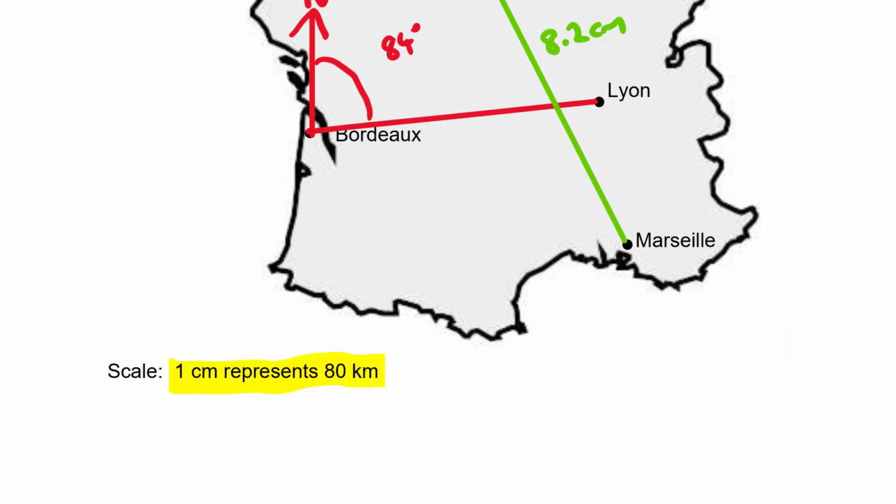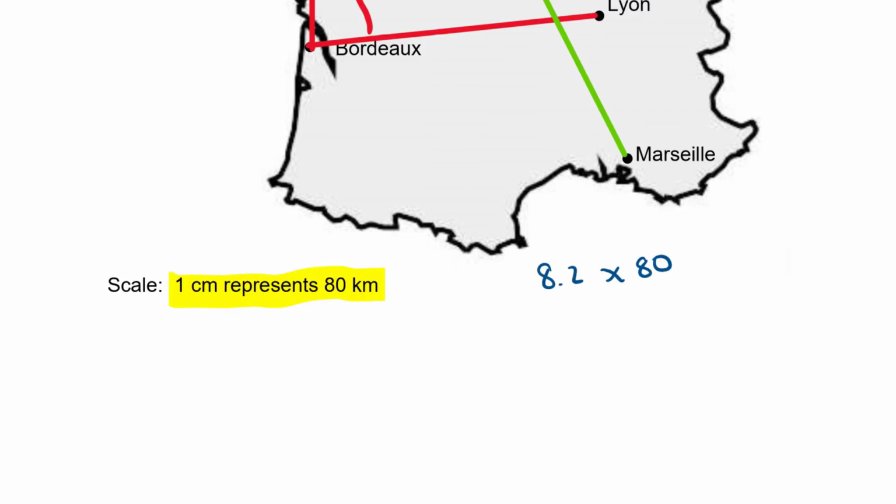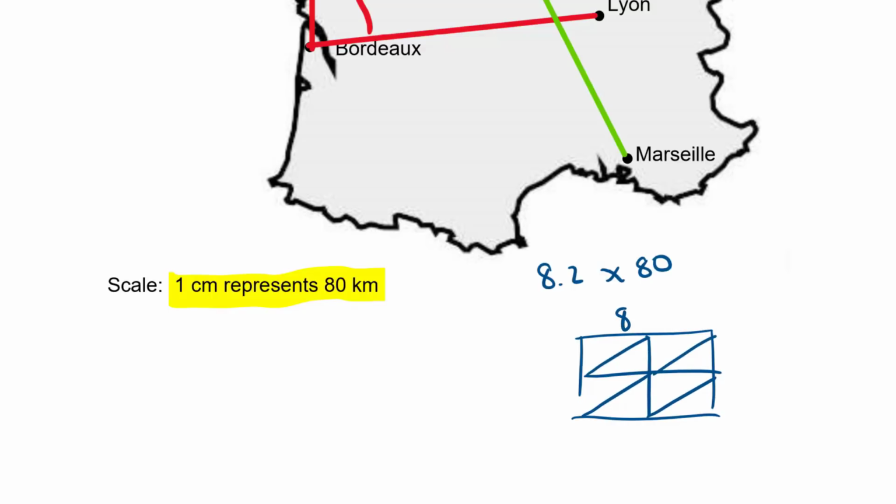So the scale factor is 1 centimeter represents 80 kilometers, and I've got 8.2 centimeters. Each one of those centimeters is 80 kilometers. I'm going to have to multiply these two things together. Okay, so again, using Napier's Bones grid, I'll do my 8.2 times 80. 8 8s are 64, 2 8s are 16, 8 zeros, well, 0 and 0.